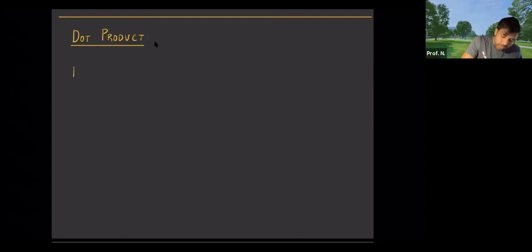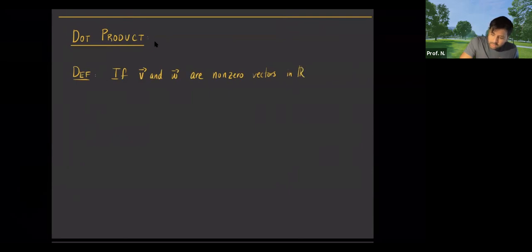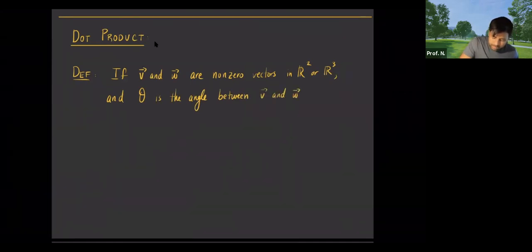So, definition: if V and W are non-zero vectors in R2 or R3, and theta is the angle between V and W, then we call it the Euclidean.